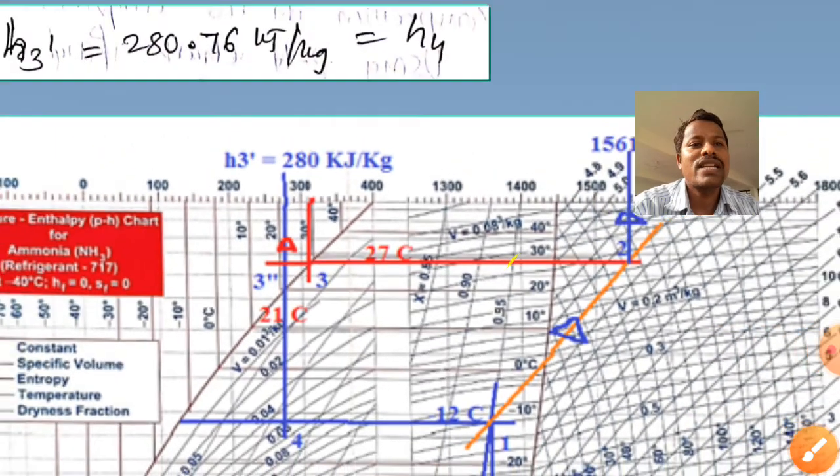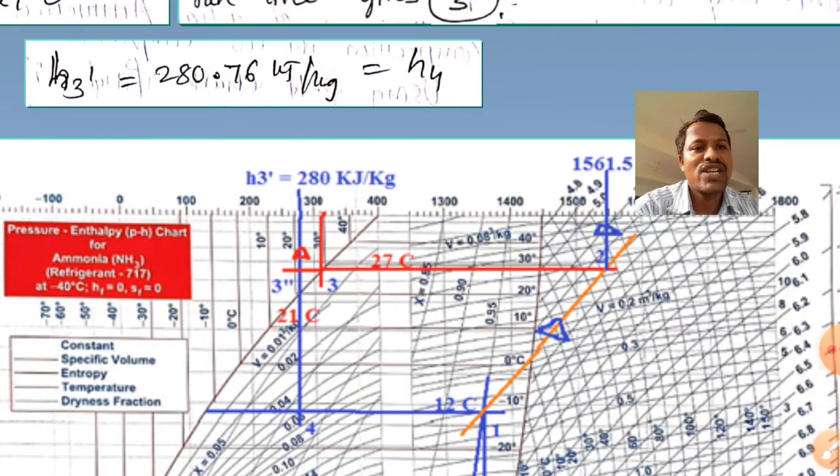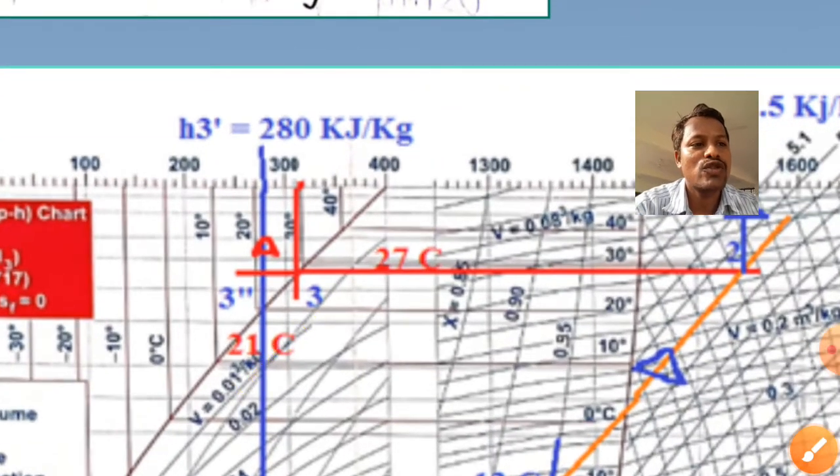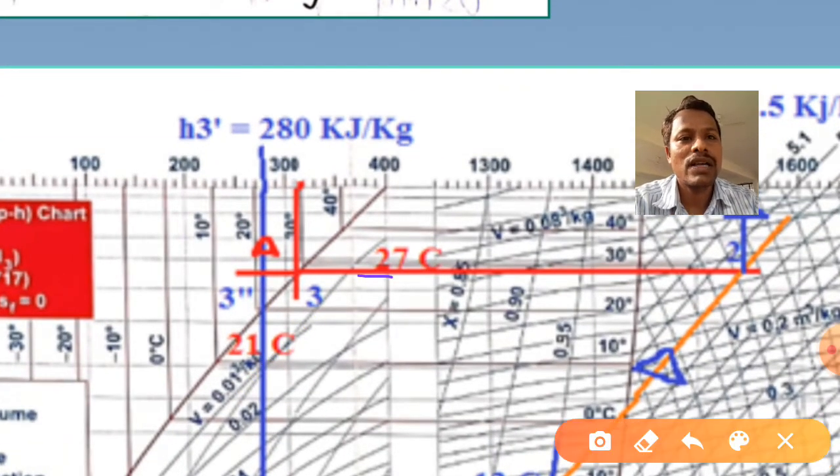Because in the undercooling process on the pH chart we have already discussed, that is state point 3. From this state point 3 it enters the undercooler, then it is cooled in the undercooler till 3 dash. So here we can show that same line, I will extend it till the undercooling temperature.